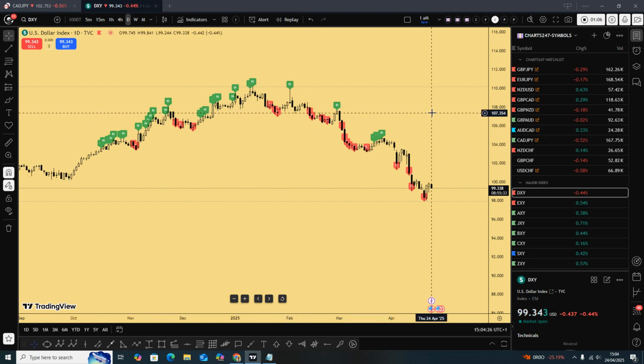However, looking at the basket itself in a technical way is of utmost importance because it gives you a new level of detail that you cannot see using an oscillator. The oscillators that we use are powerful, but the price itself, if you can read it, is stronger.